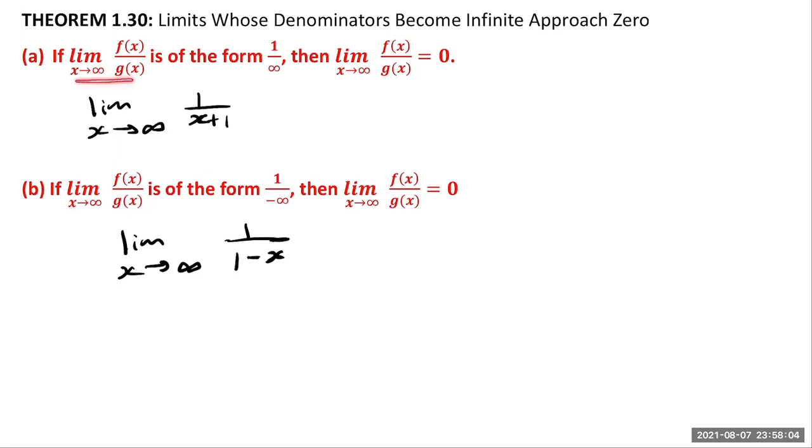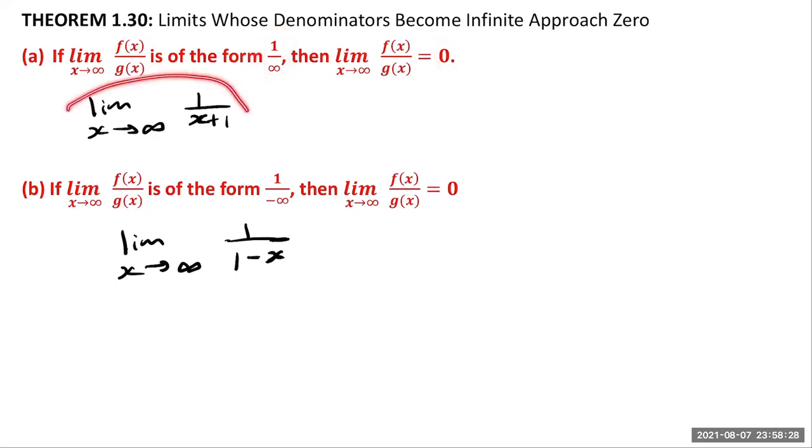If the limit as x approaches infinity of f of x over g of x is of the form 1 over infinity, then the limit as x approaches infinity of f of x over g of x is equal to 0. That means when you calculate this limit as x approaches infinity, if you get this form, then the answer is 0. The limit value is 0.